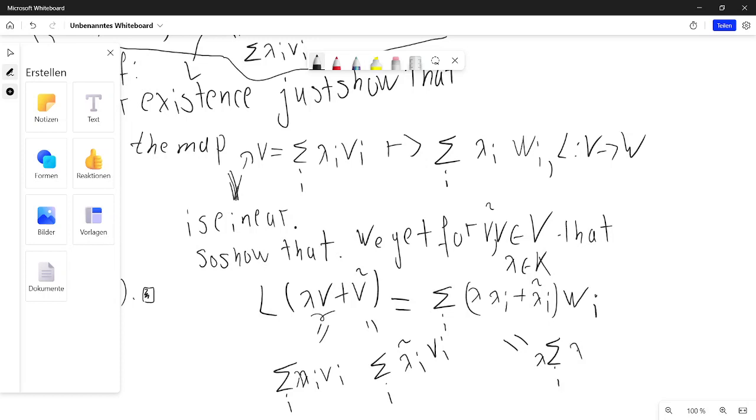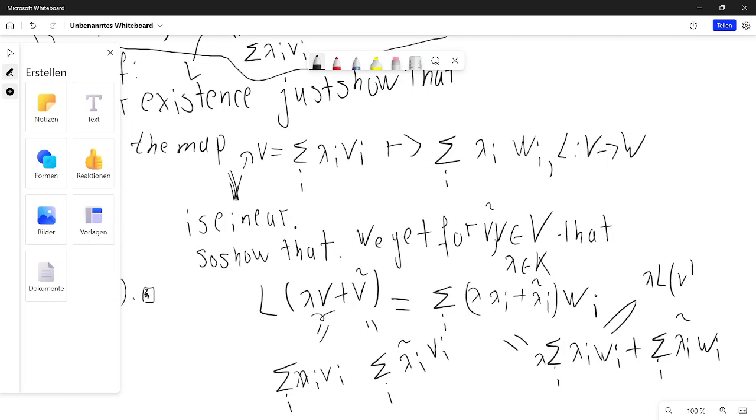This is our game on vector spaces, right? And this is lambda_i w_i plus lambda tilde_i w_i, and this was just by definition, just look at L, that was lambda L, and look at the coordinate representation here of v, here already lambda taken in, but multiply by the inverse of lambda, and then you see it, right?